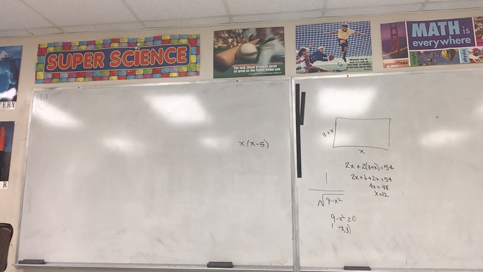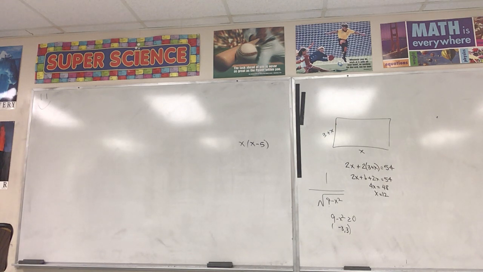So number 21, my horizontal asymptote is y equals 0. 22, vertical asymptotes: x equals 4. Horizontal asymptote: y equals 3.